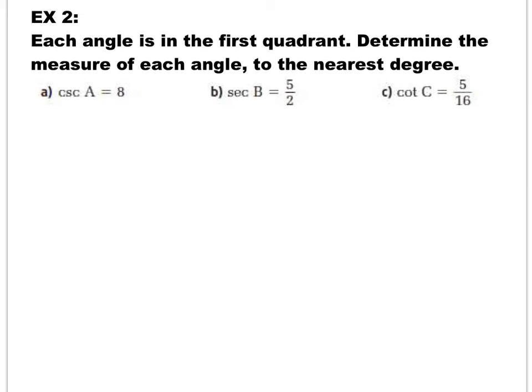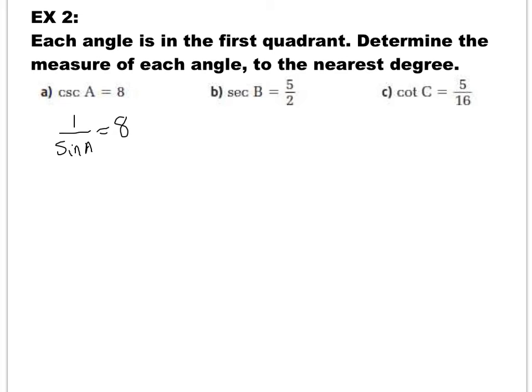It's reciprocal. But your calculator most likely doesn't have the cosecant function, so what you are going to do is write cosecant of A in terms of sine of A. So I can write the first one as 1 over sine A is equal to 8.